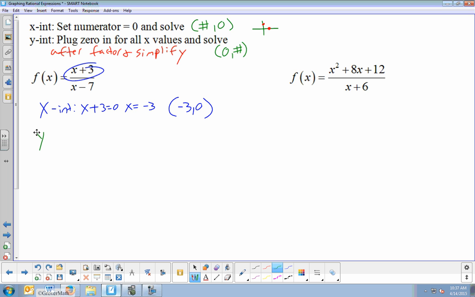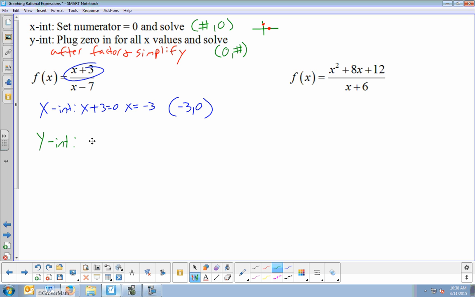For the y-intercept, you take your expression, which is, again, after factoring and simplifying, and replace all your x's with 0. Kind of like when we solved for the holes, you got the x value for the hole, you plug the x value in to get the y value for the hole. Same thing, we're going to plug 0 in and get the y value, because we can replace x with 0 because your y-intercepts have x values of 0.